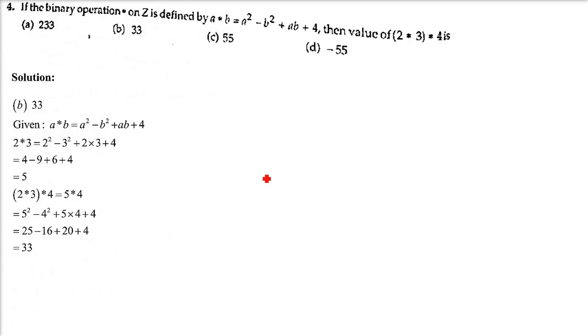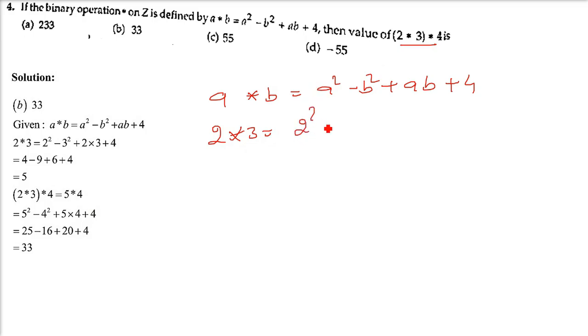Next is, if the binary operation star on Z is defined by A star B equals A squared minus B squared plus AB plus 4, A square minus B square plus AB plus 4, so we have to find out 2 star 3 star 4. The 2 star 3 first we'll do: 2 square minus 3 square plus 2 into 3 plus 4. This is 4 minus 9 plus 6 plus 4.